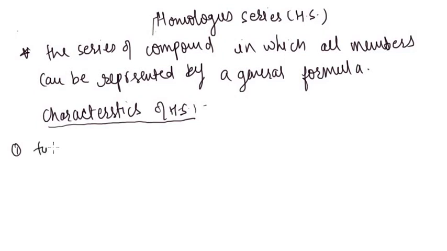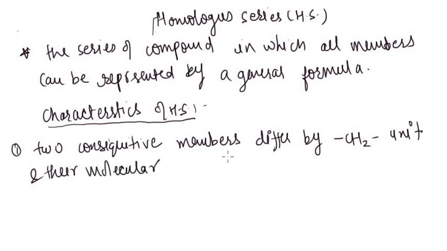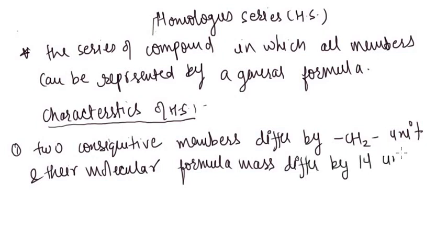So first point, two consecutive members differ by a CH2 unit and their molecular formula mass differ by 14 units. The molecular mass should differ by 14 units.